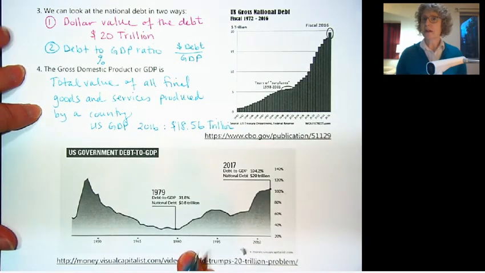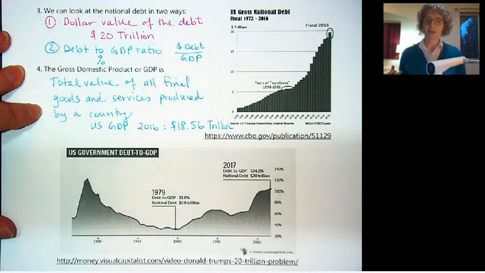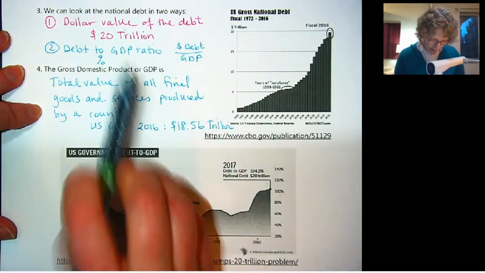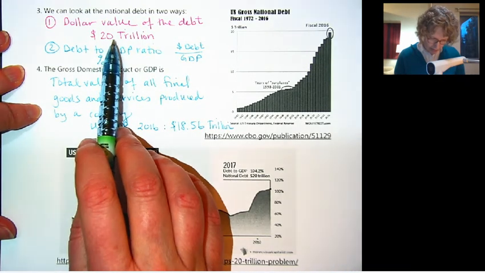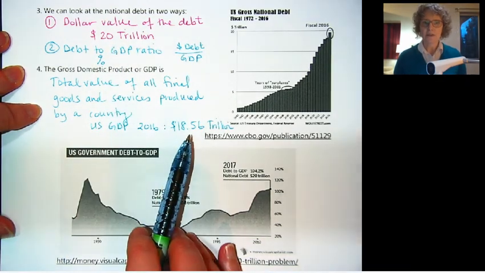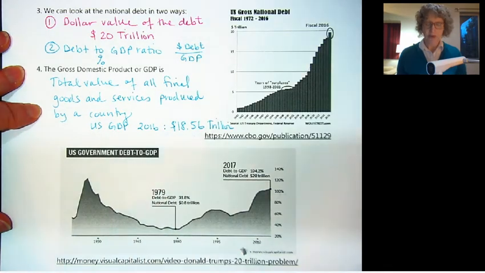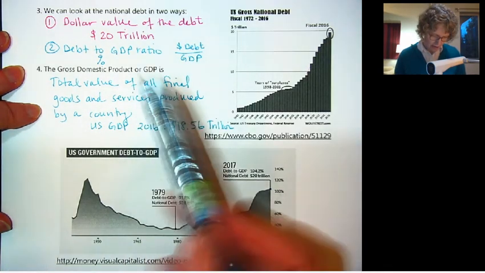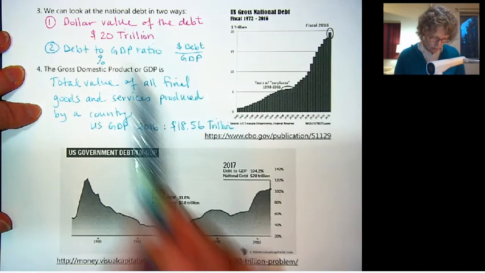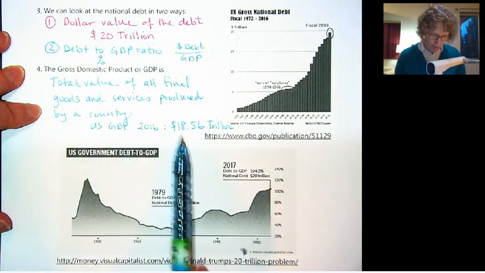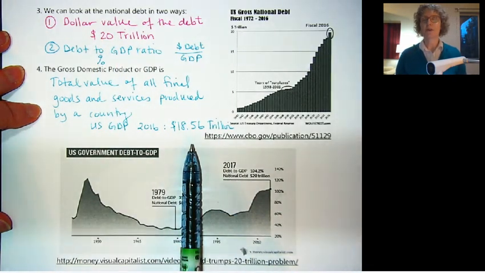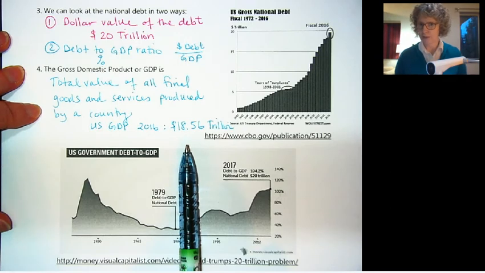Okay, so the size of the economy is really big, $18.56 trillion, but the size of our debt is actually larger than that. So this is like, we're underwater here. This is per year though, but the total debt is larger than the complete total amount of goods and services that are produced in the US in 1 year.